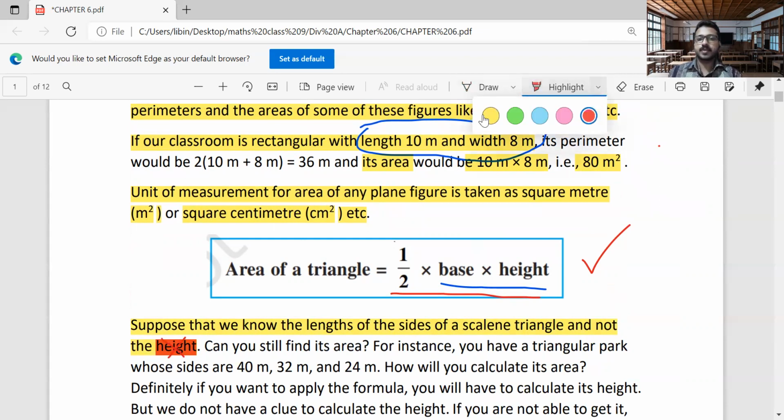Now, can we still find the area? Suppose we have a triangular park whose sides are 40 meter, 32 meter, and 24 meter.